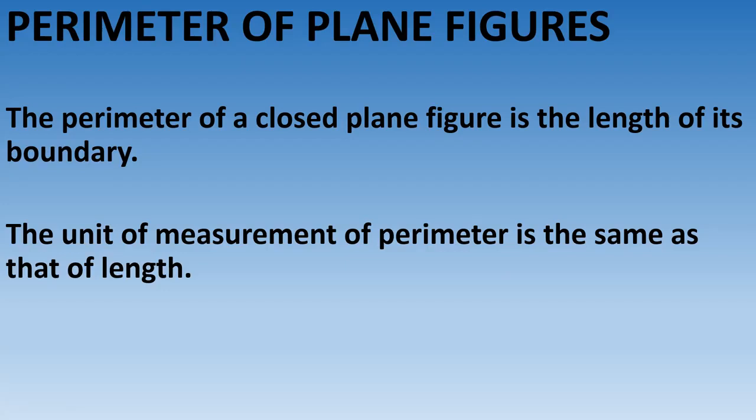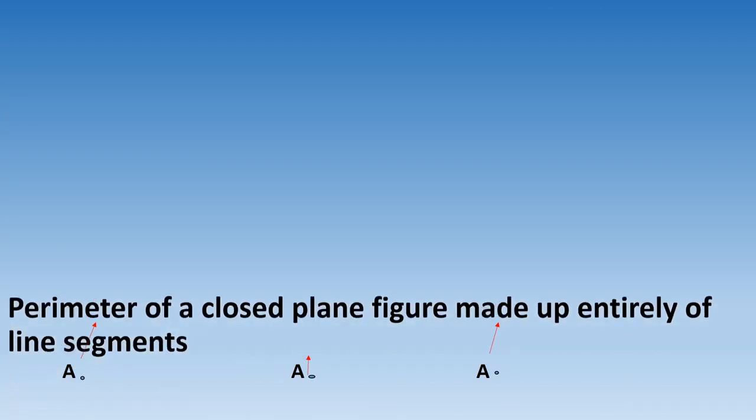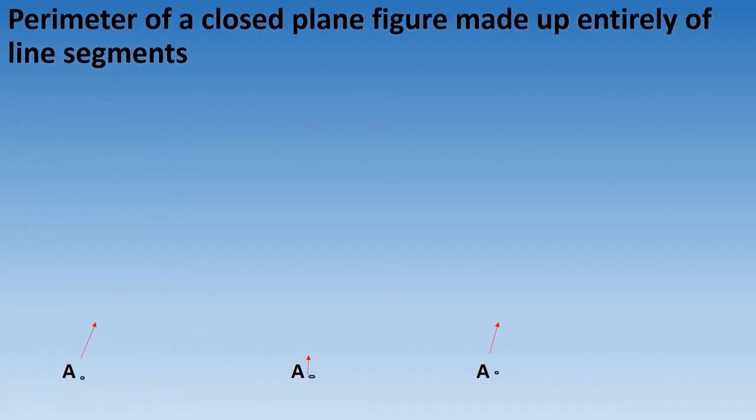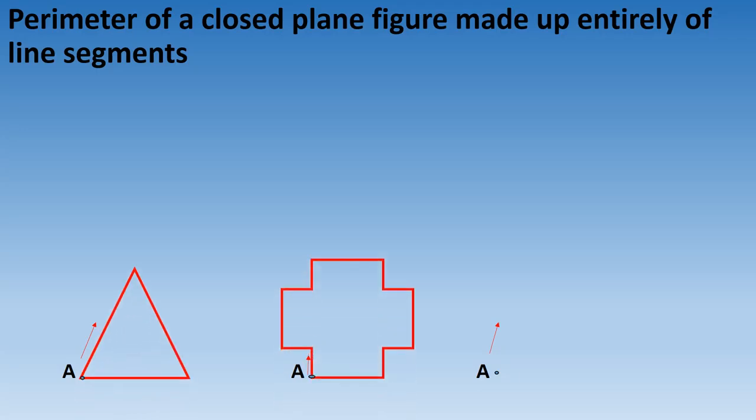Now we will do perimeter of a closed plane figure made up entirely of line segments. We will find out the perimeter of those figures which are made entirely of line segments.